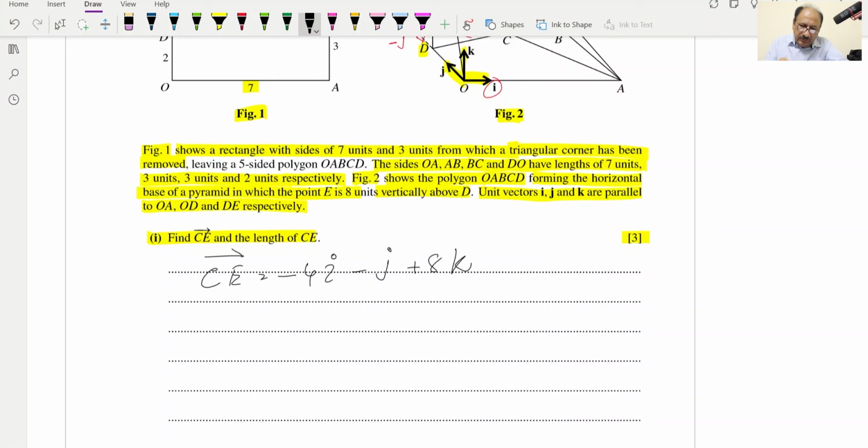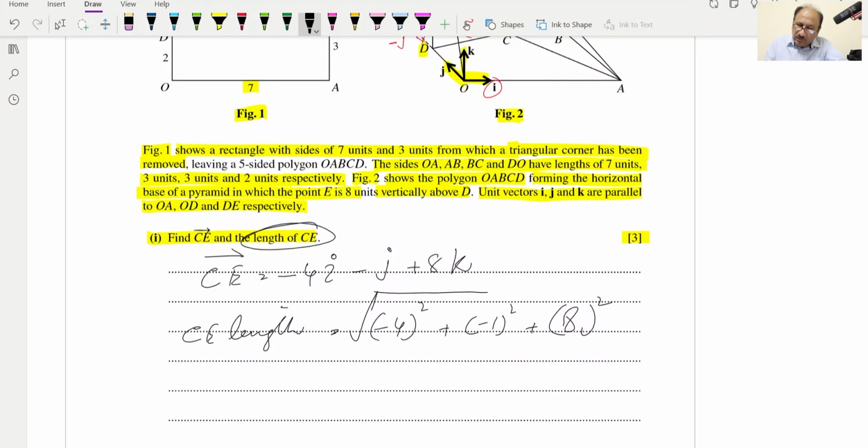Now we need the length of CE, so we'll apply the length formula: the square root of the i coordinate squared, (minus 4) squared, plus the j coordinate squared plus 8 squared.